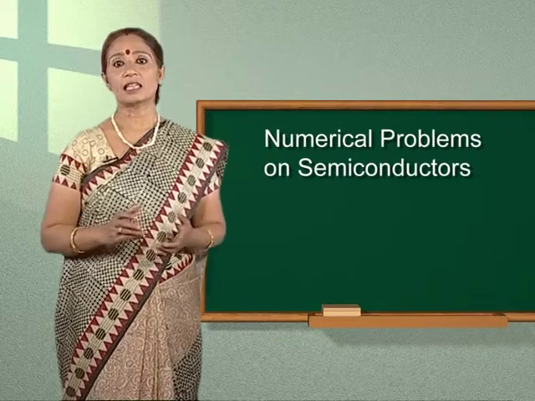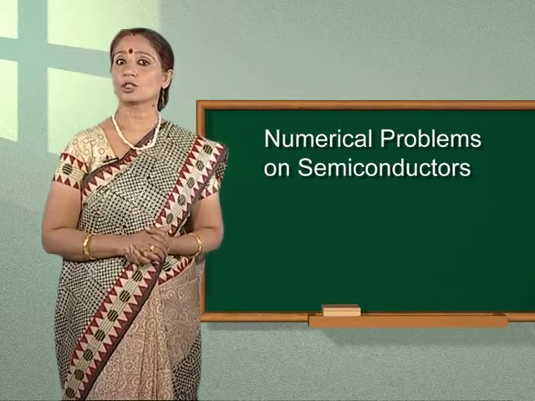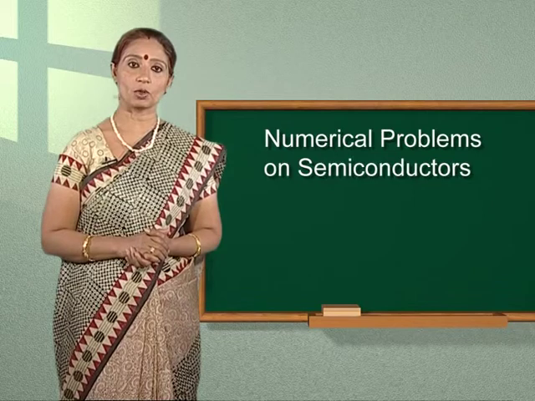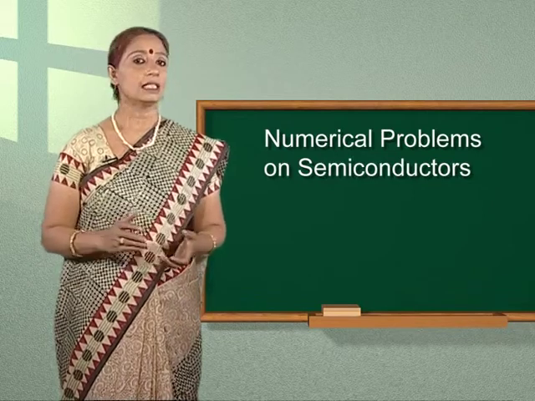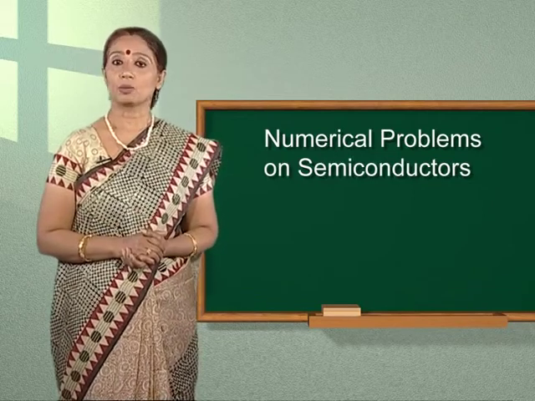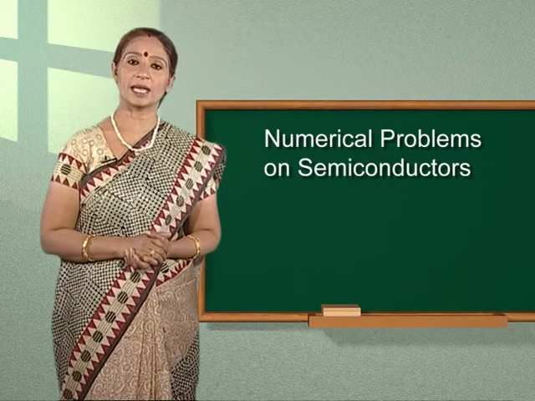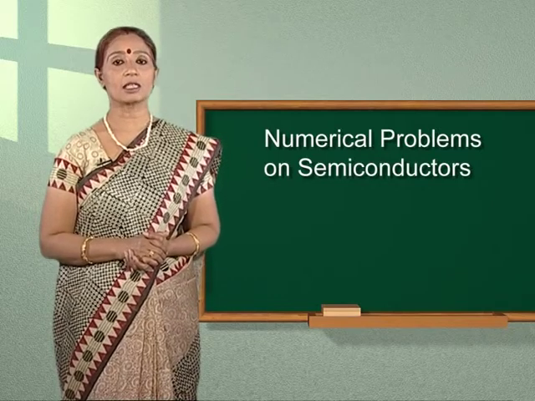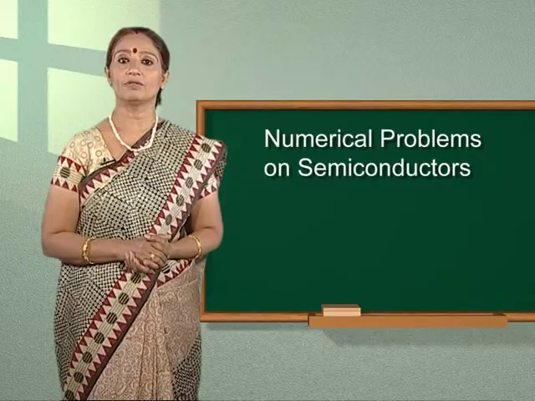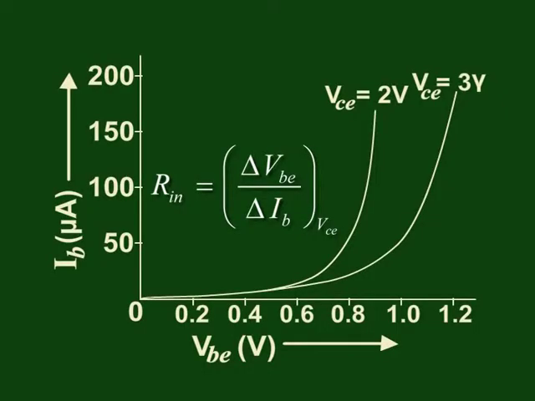If delta VBE is a small change in base voltage and delta IB is the small change produced in base current at constant collector voltage VCE, then Rin is equal to delta VBE upon delta IB at constant collector voltage VCE.